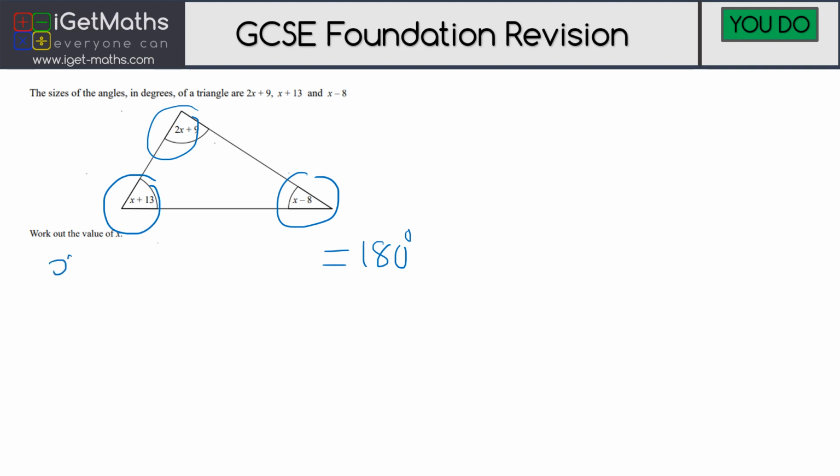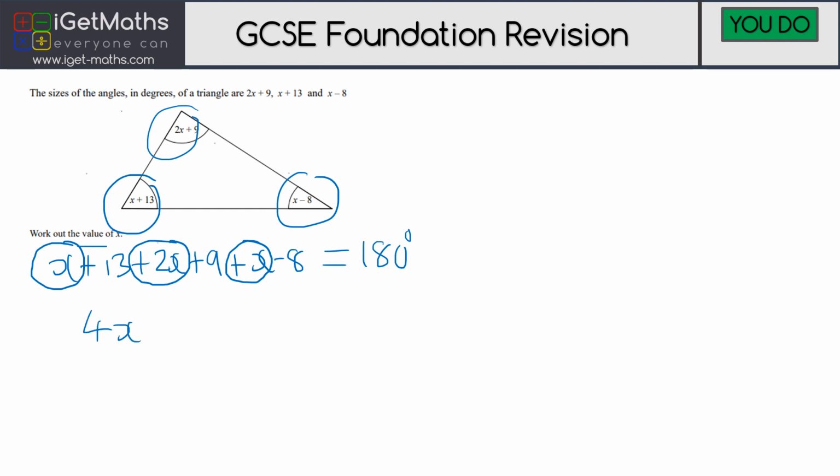So you've got x plus 13 plus 2x plus the 9 plus x minus 8. And then we're going to collect like terms. So remember, we're going to circle the x's with the symbol to the left. So we've got x plus 2x plus x. That gives us 4x.